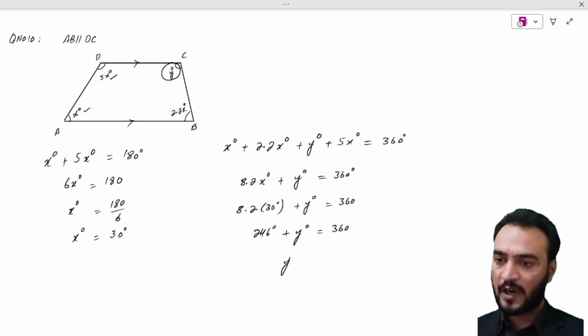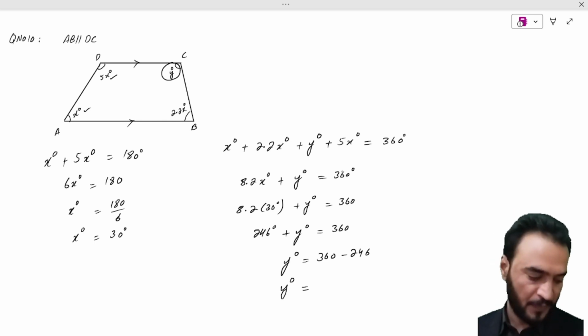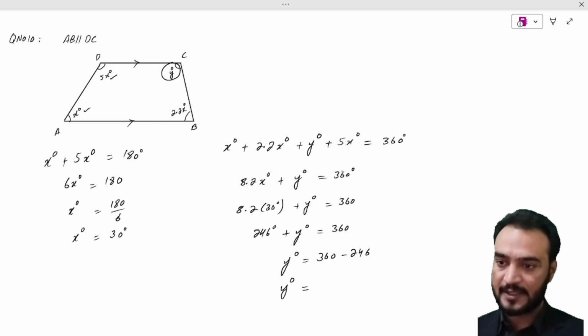So the value of y degrees is equal to 360 minus 246. Subtracting 246 from 360, we get y degrees equal to 114 degrees. This becomes the answer of this question.